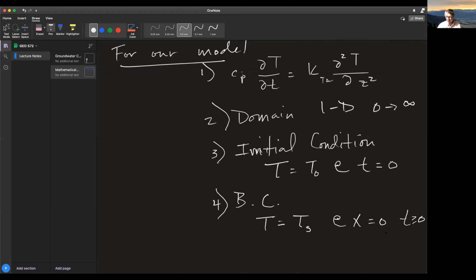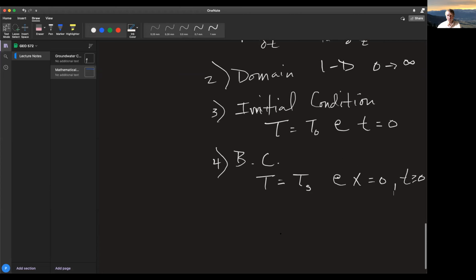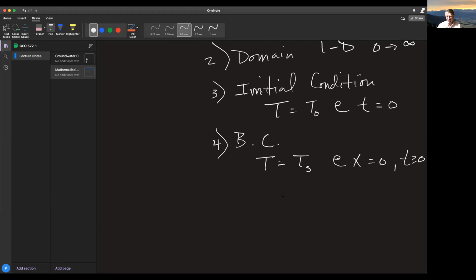So for all times at the surface, temperature is equal to Ts. And that's one. Our second one, T is equal to T naught at x equal to infinity for all times greater than 0.